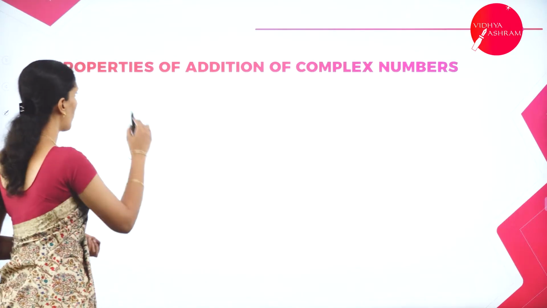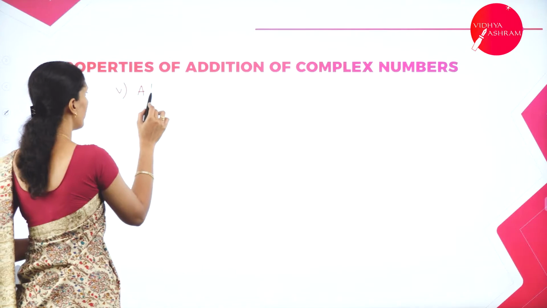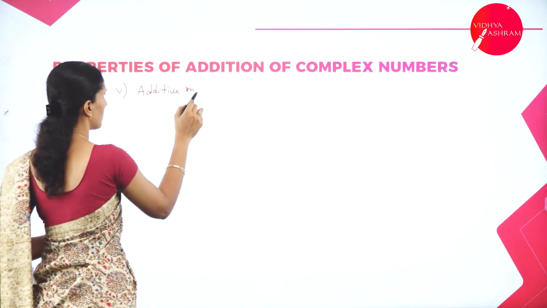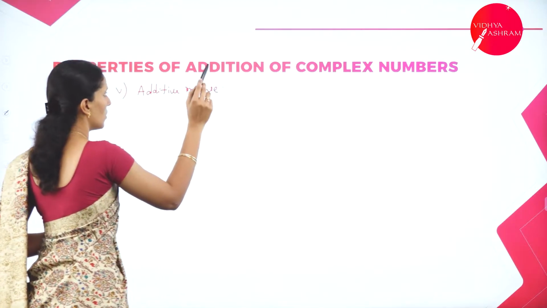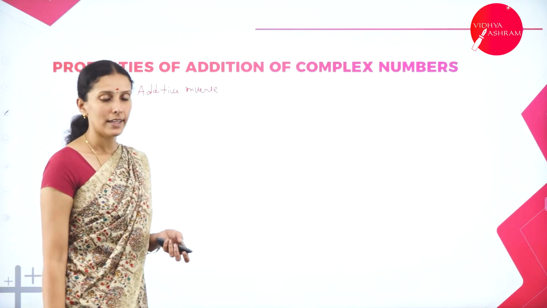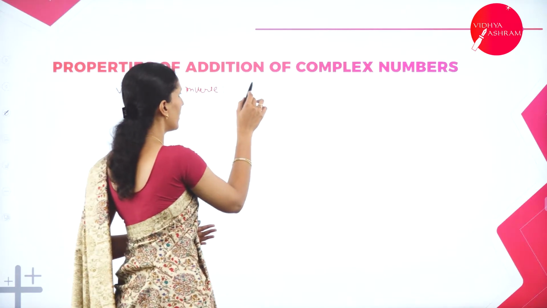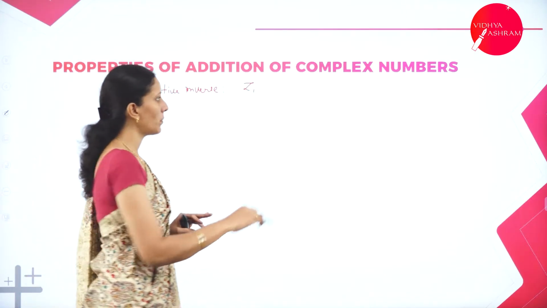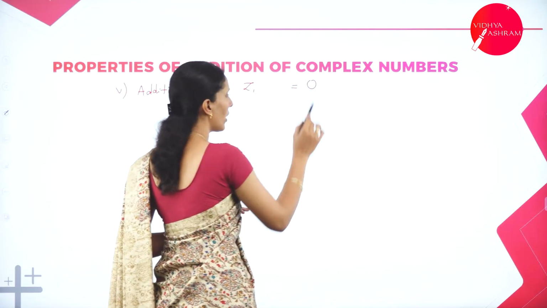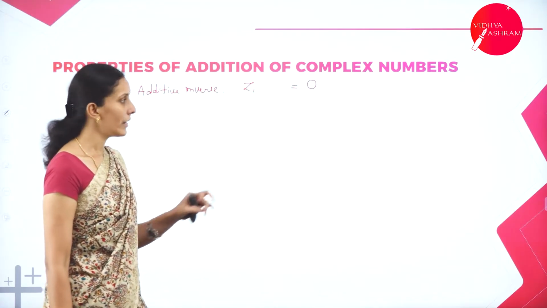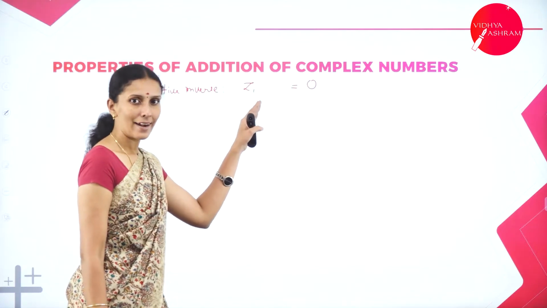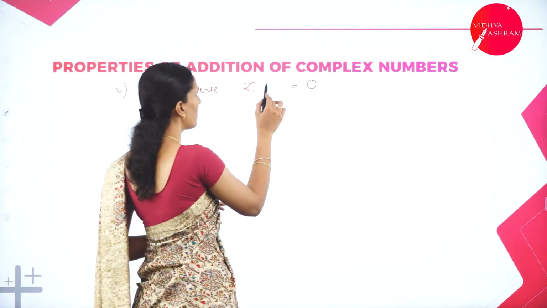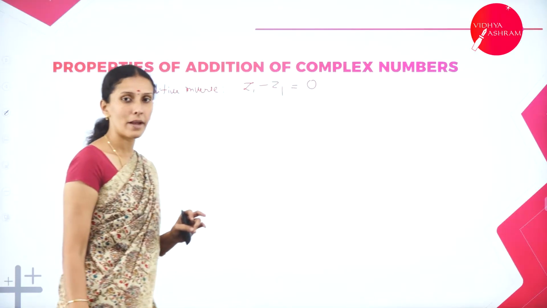Next we come across a property called the additive inverse. So what does the additive inverse say? When you add any value, the result must be equal to the identity. For addition, the additive identity is 0. What must be added to the given number so that it will become 0? You have to take minus z1, correct? z1 minus z1.